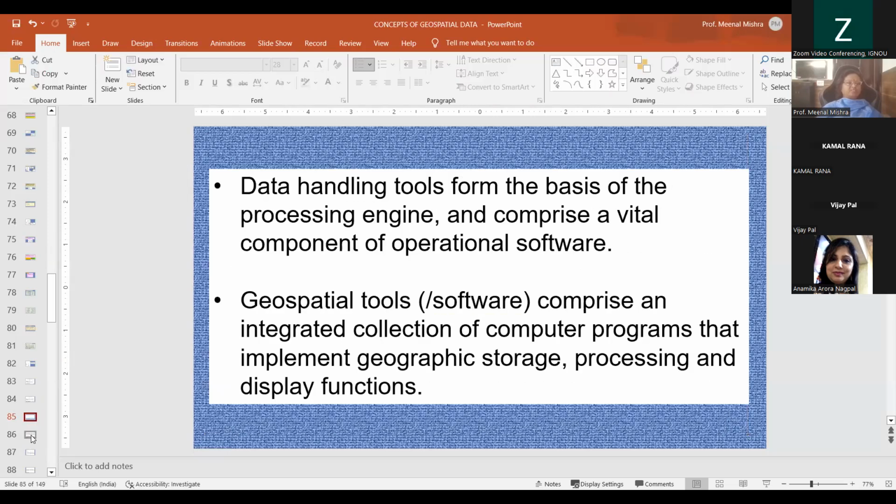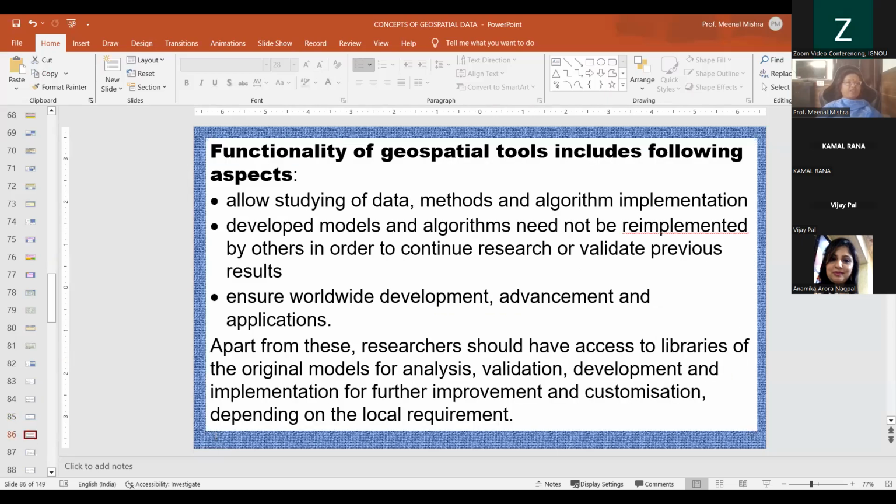Basically, it is software that comprises an integrated collection of software programs that implement geographic storage, processing and display functions. And what are the functionalities of these geospatial software or geospatial tools?